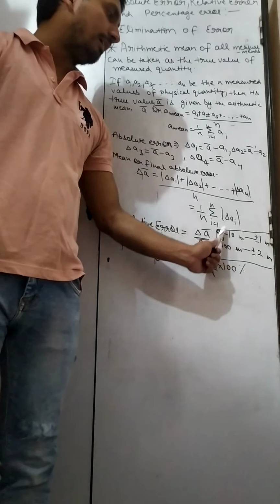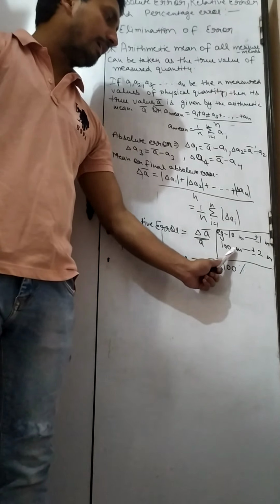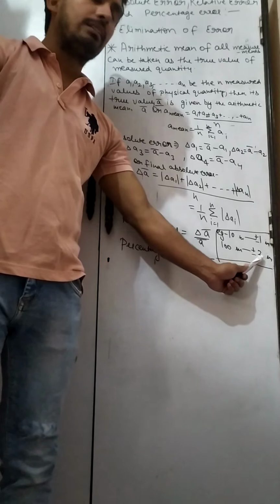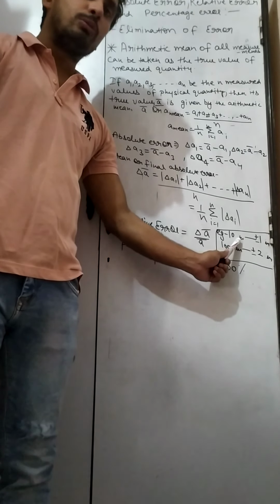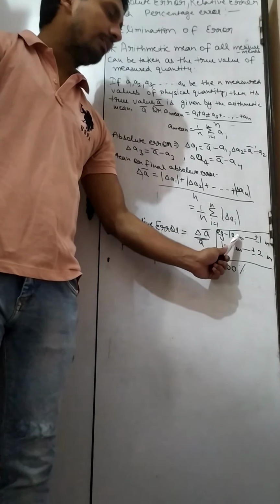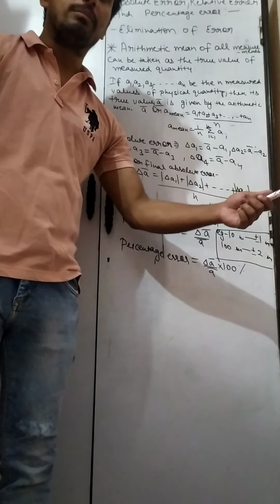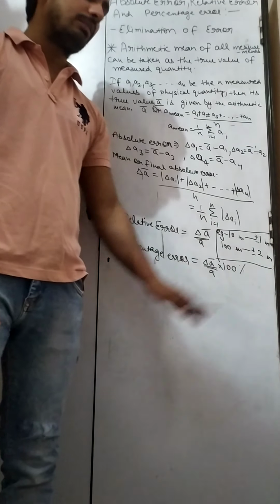The error in the first case is severe, because in 10 meters the error is 1, and here it is 100 meters and the error is only 2. By proportion, if there is an error of 1 in 10, for 100 it should be 10, but it is only 2. So it is a good measurement, and the other is not as good.